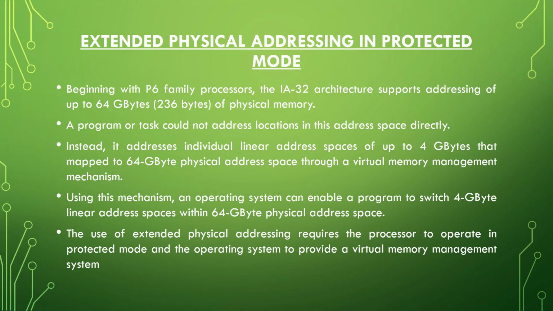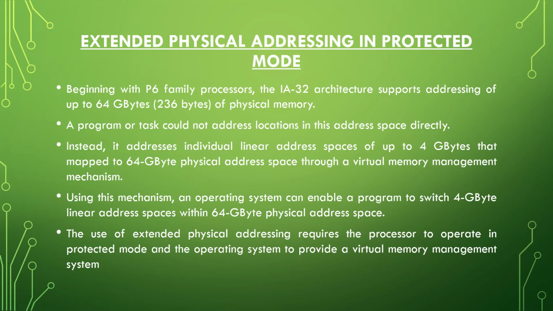When it comes to the sixth generation processor family, that is, P6 family processors, where P6 indicates the sixth generation, the Intel architecture 32 supports addressing of 64 GB of physical memory. Whenever we execute a particular task, it does not access the address space directly.